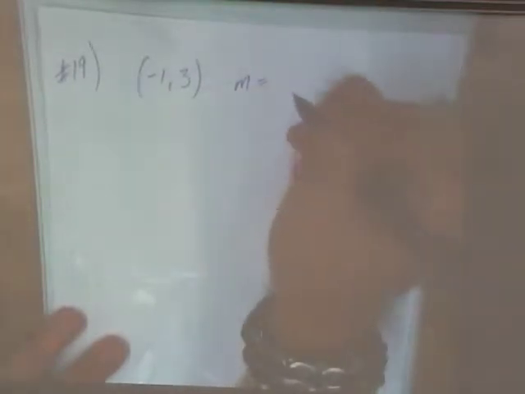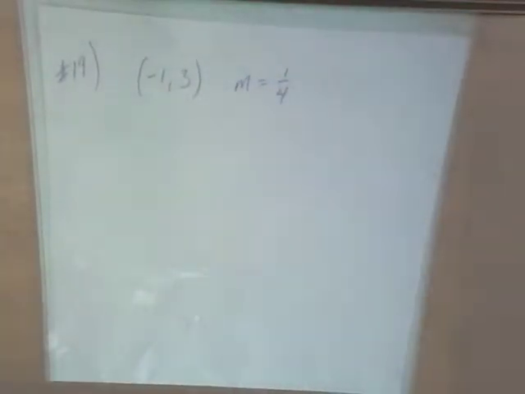All right, 19. Write the equation in standard form for the line that goes through the point -1, 3, and has slope of 1/4. So they want us to write the equation in standard form. What form do we have to start with? Point slope.